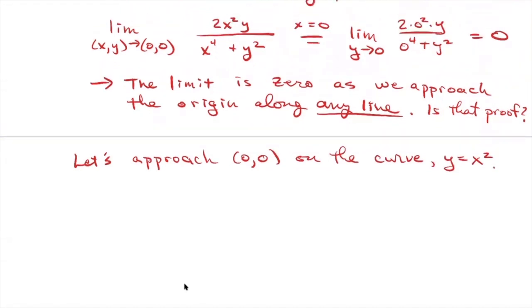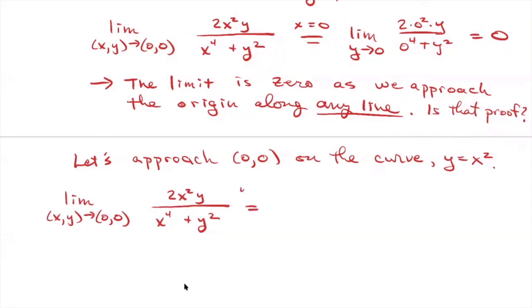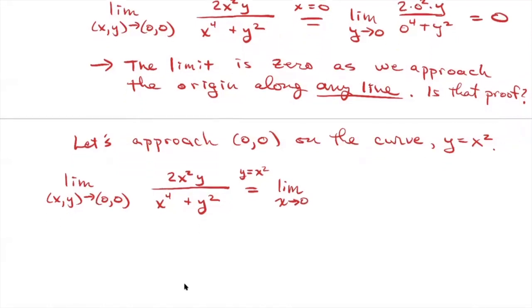Here you would have the same limit as before, but here y is x squared. If you force x to go to 0, then y will automatically go to 0 and be constrained to that curve.